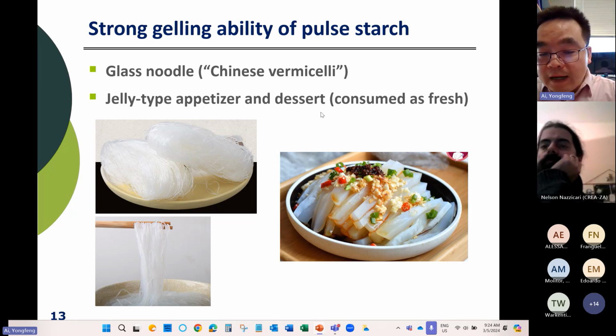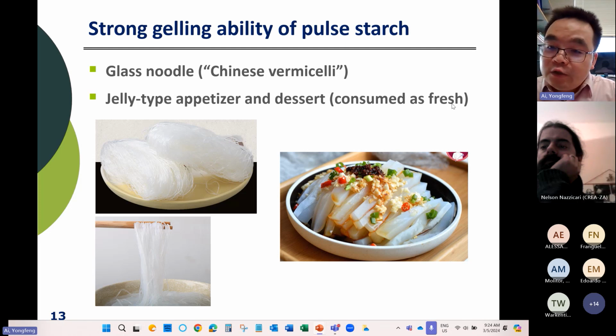Also, in some local markets in East Asia, I learned the starch can be used to prepare what we call a jelly type of appetizer and dessert. So this is actually a product prepared from pea starch. You can tell it has some similarity to jello, right? But another thing I want to share with you is we have to consume this product fresh.